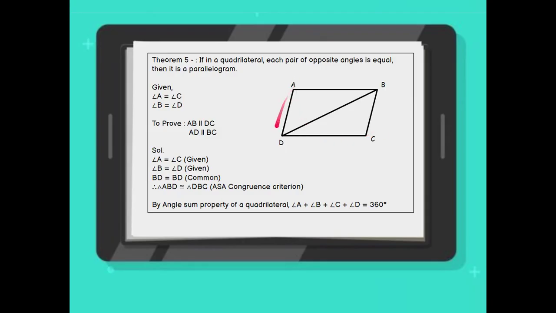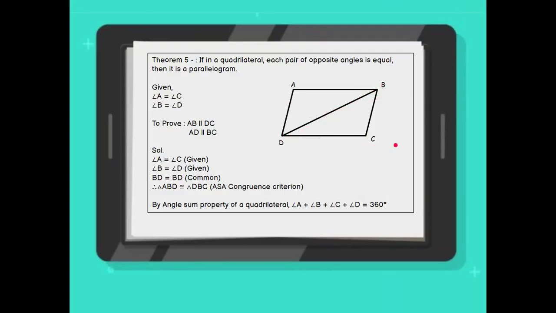So when alternate interior angles are equal, the two lines are parallel. Similarly, I can say that angle ADB is equal to angle DBC, and angle ABD is equal to angle BDC.